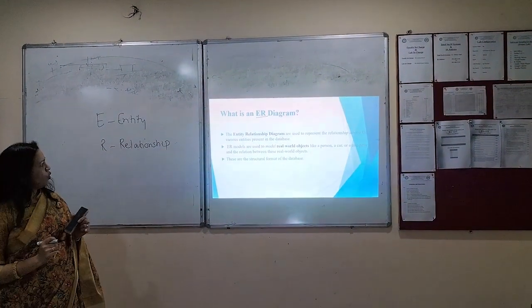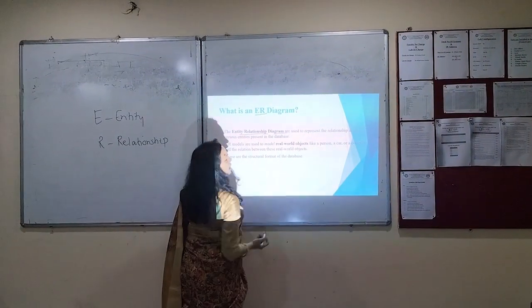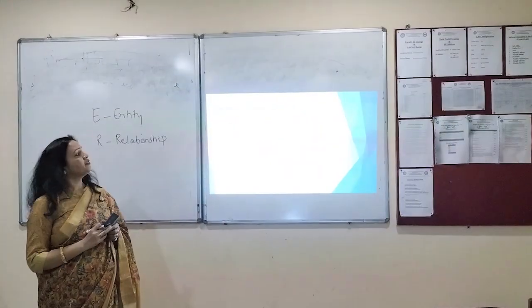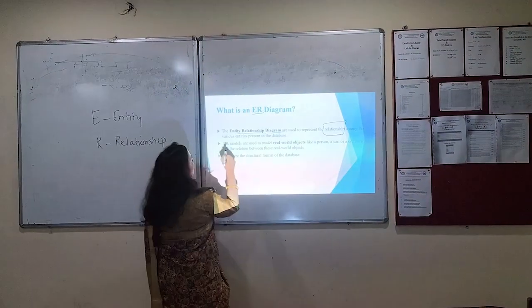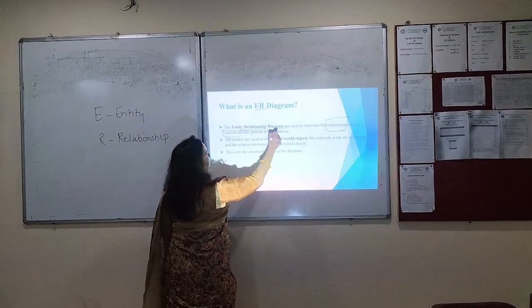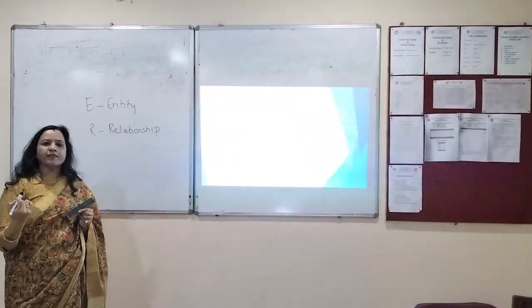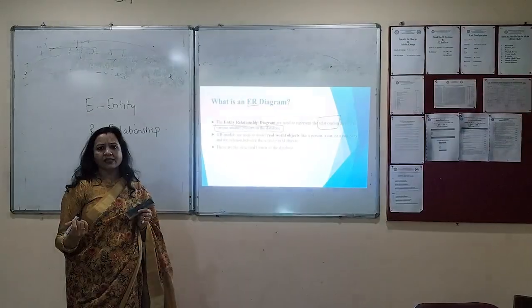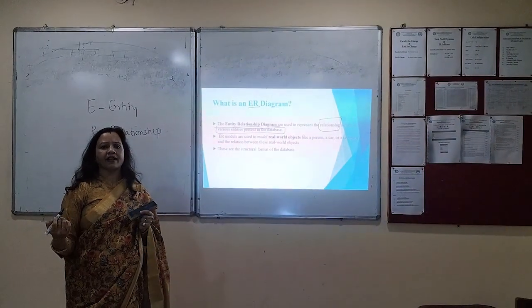These ER diagrams, that is entity relationship diagrams, are used to represent the relationship among the various entities that are present in the database. If we have a number of entities present in the database and we want to show their relationship, we have to use an ERD diagram.